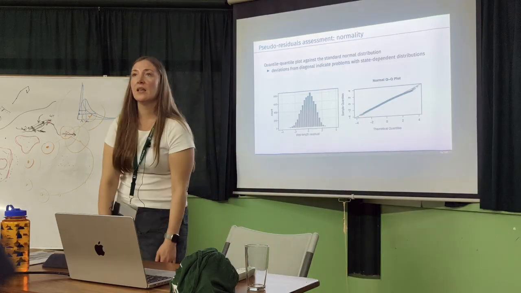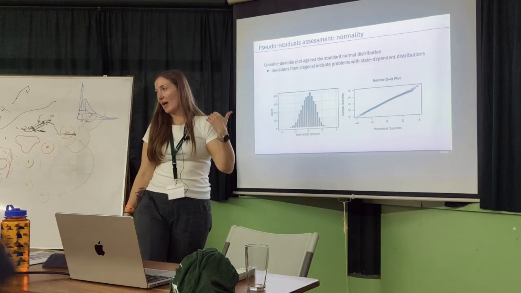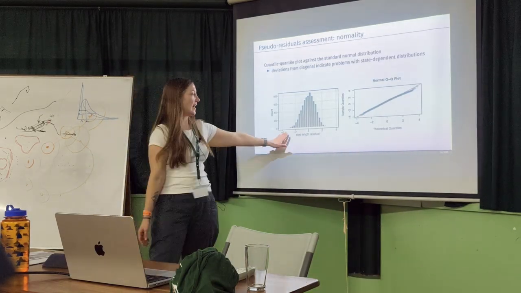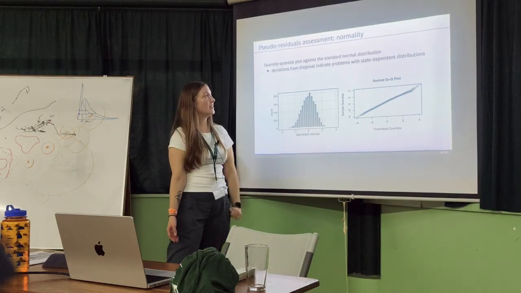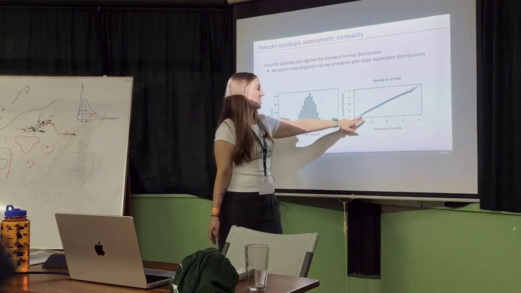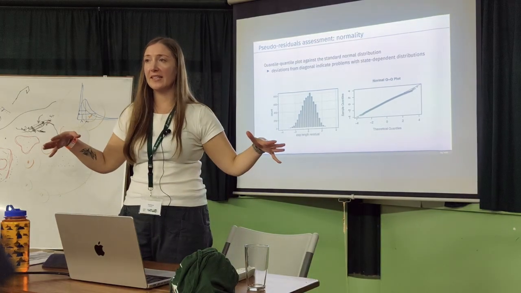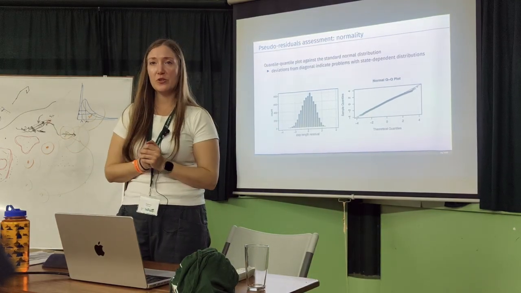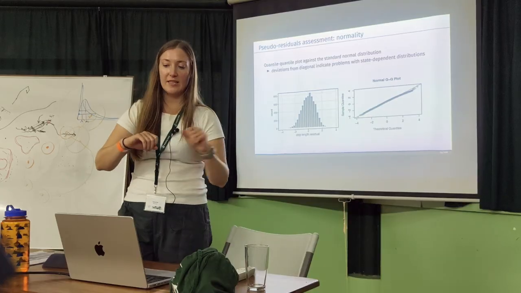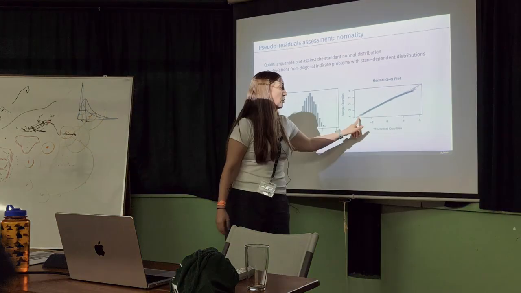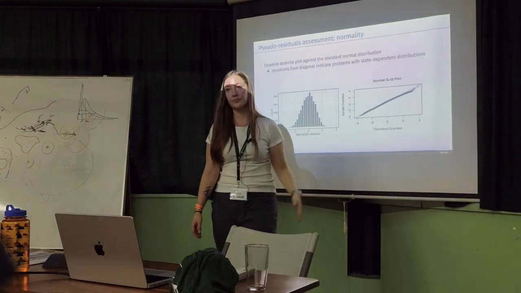Okay. So we can look at the normality of our pseudo-residuals. You can look at the histogram of our residuals and QQ plots, quantile plots, where basically we want that histogram to look like a Gaussian distribution or a bell curve, and we want the points along the QQ plot to match the one-to-one line.